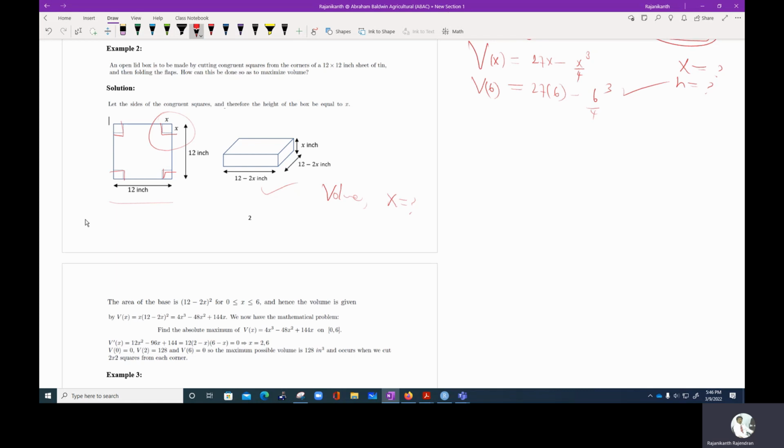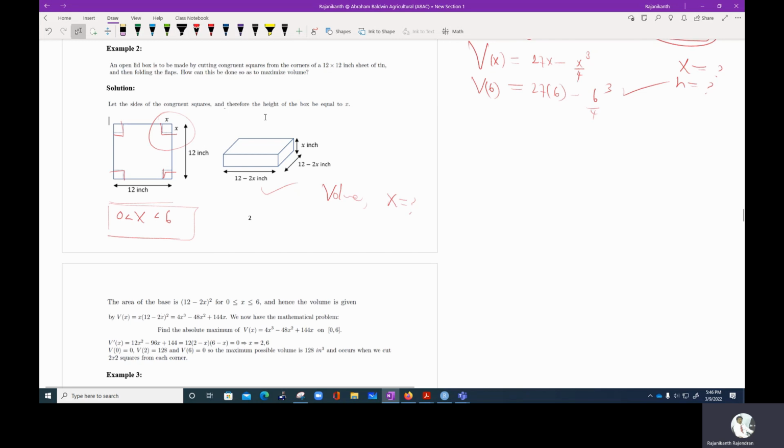So that means your possible x is supposed to be between 0 and 6. This is the condition you are going to use for x. In other words, these are the possible x values for the volume function.